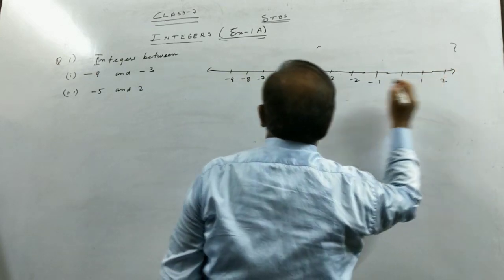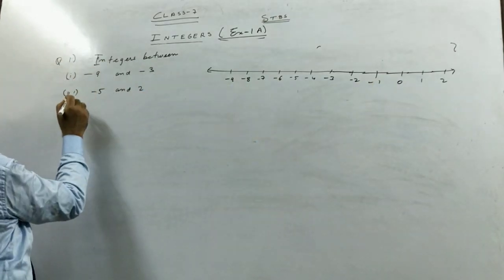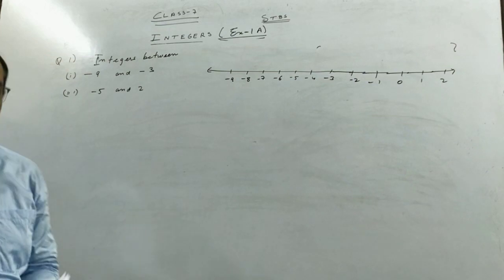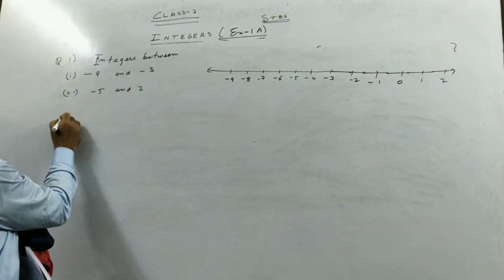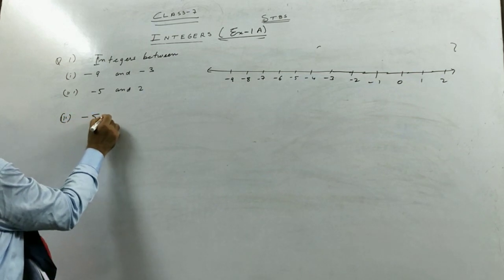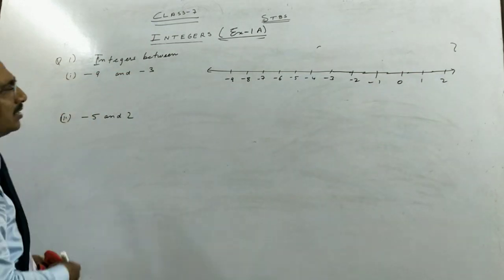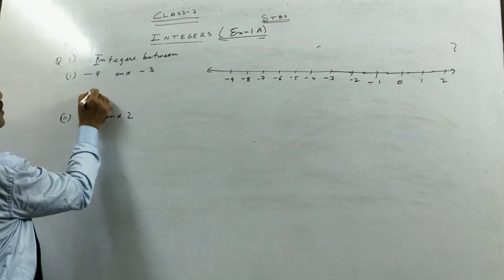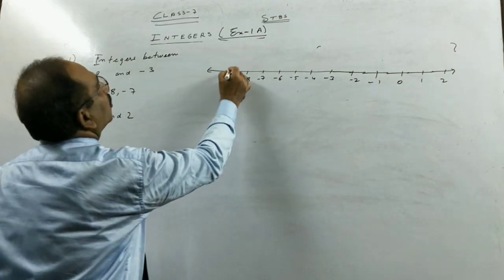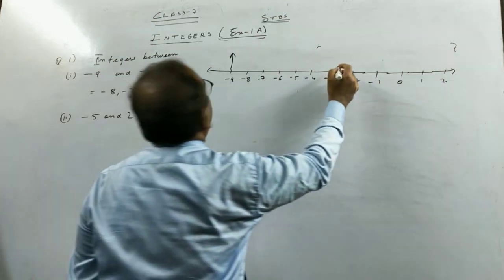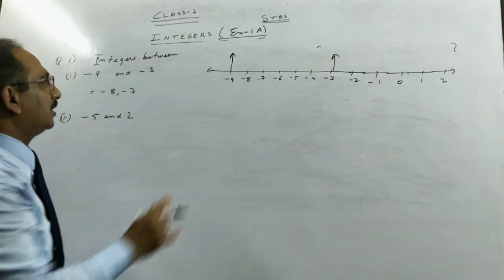So what are the integers between minus 9 and minus 3?